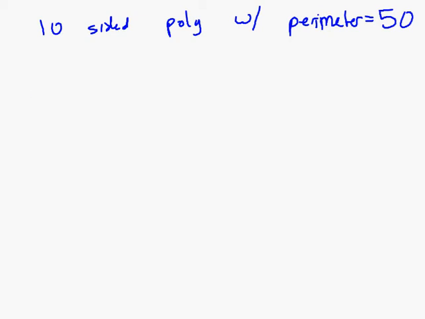I'm not going to draw a 10-sided polygon. I'll just do a little section of it. Now, I write my formula. The formula for a polygon is AP divided by 2. This time I know P, but what am I missing? The apothem.